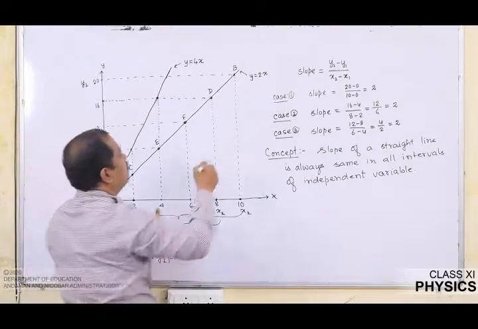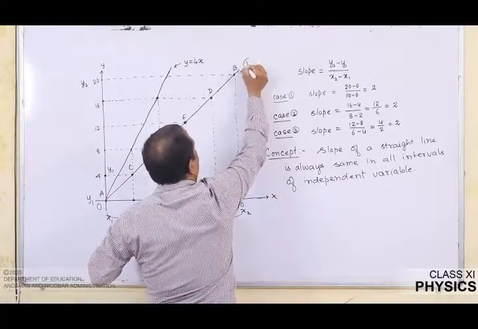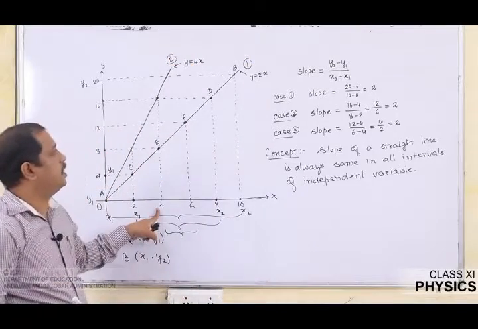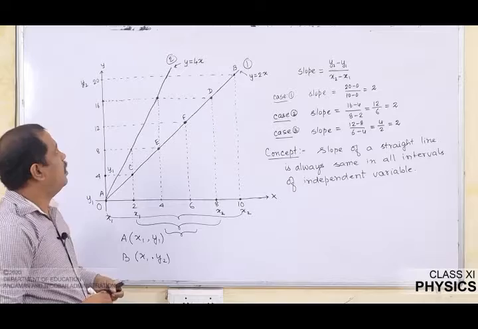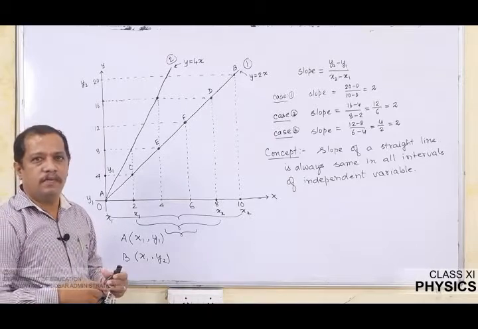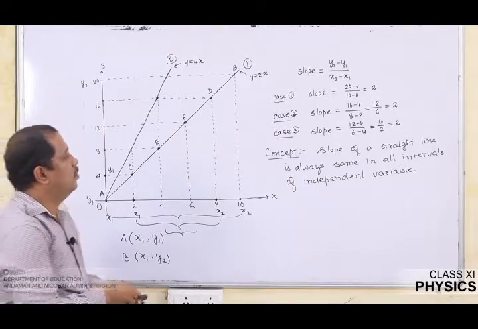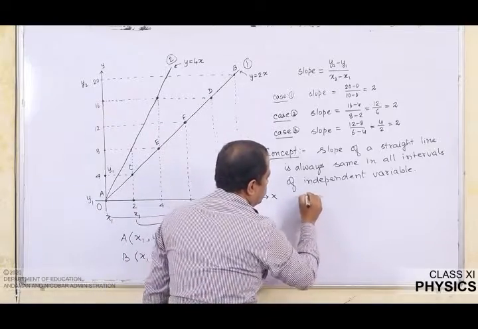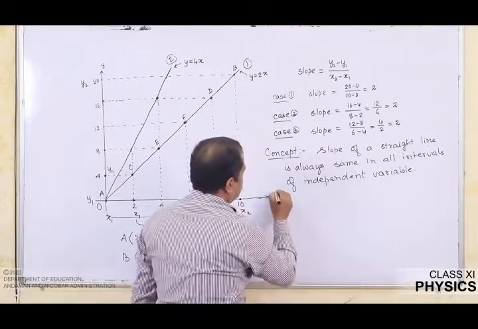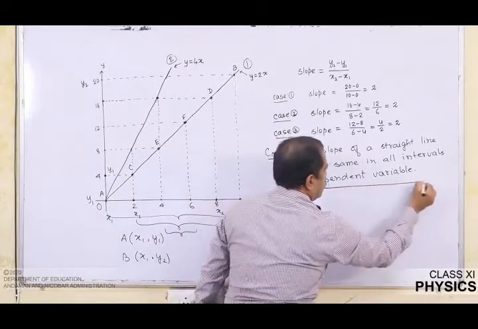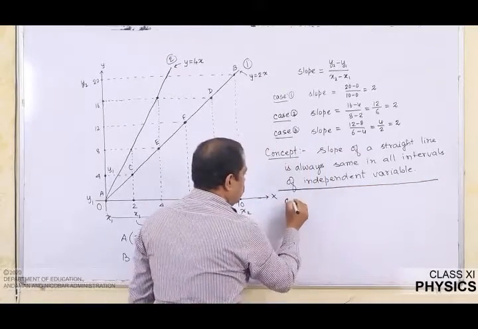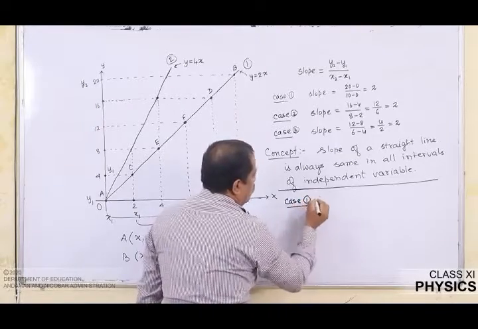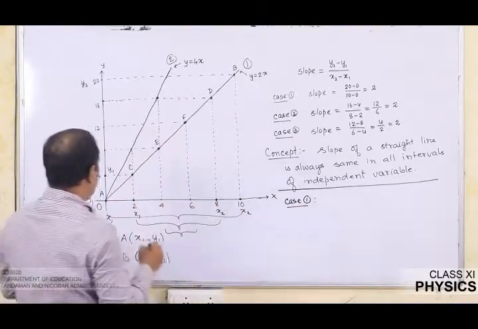Let me say this is line 1, and this is line 2. Now, I want to calculate the slope of line 2. Let me consider separate cases here. Case 1: I want to calculate the slope, but what is the interval?